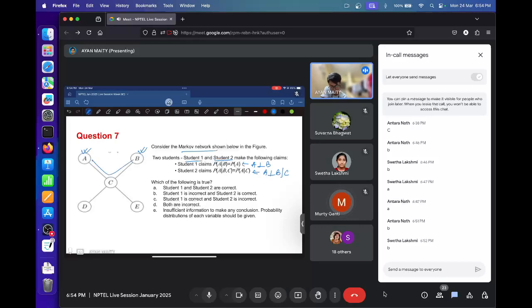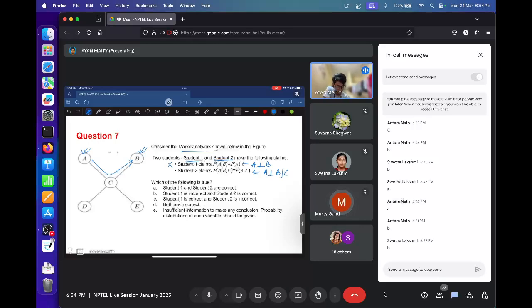In undirected graph, no variable is given, so this path from A to B certainly exists. And if this path exists, then A and B cannot be independent of each other. They are dependent because this path exists. So first claim is incorrect.